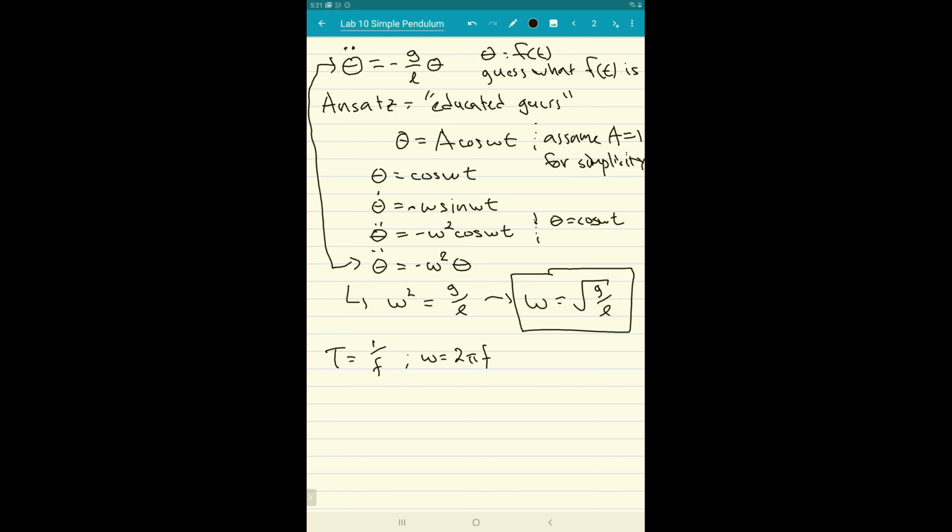So combine those two things together, and what do you have? Well, you've got T equals 2 pi square root of L over g, because you flip it over, since the omegas are on the bottom there with the f. You also can write this as T equals 2 pi over omega. Okay, that's where it comes from.